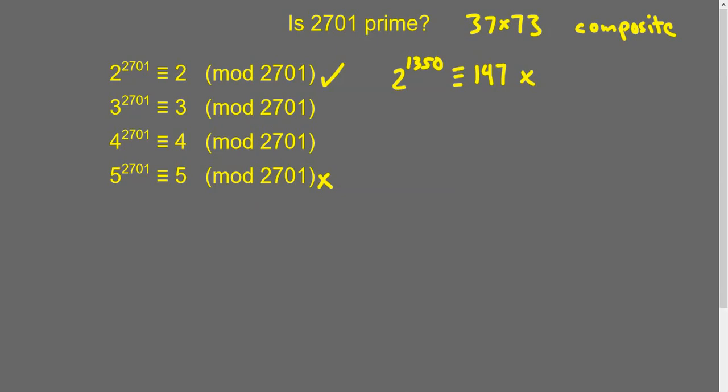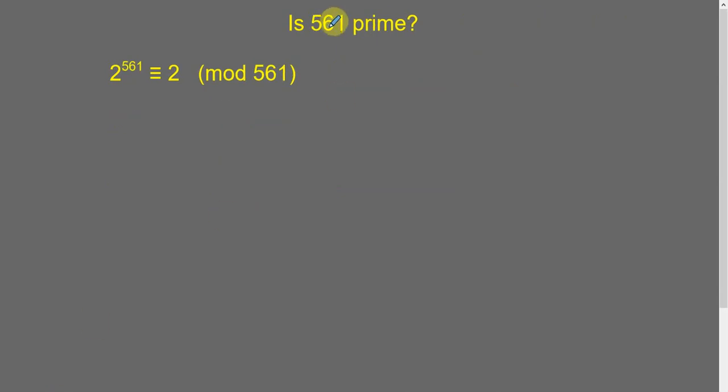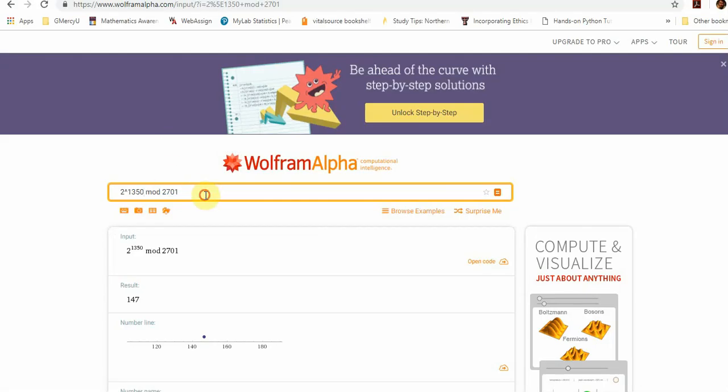Now, here's a good test. 561. This is a Carmichael number. This actually will pass all of the Fermat little theorem tests from 2 all the way up to 560. If all we did was that test, it would pass them all. But let's see if it passes our upgraded test. So let's pretend we're starting at the beginning and we do 2 to the 561 congruent to 2. Is that true?